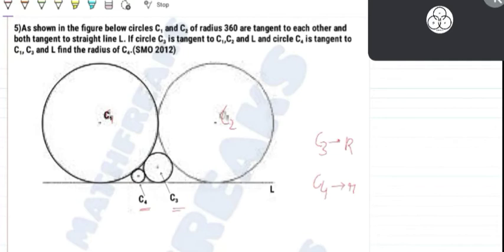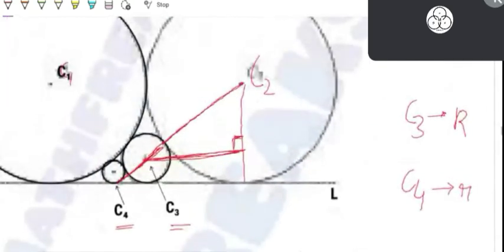Let us extend it. Let us join the centers. This is 360. So this is a right angle triangle, right? And what about this height?